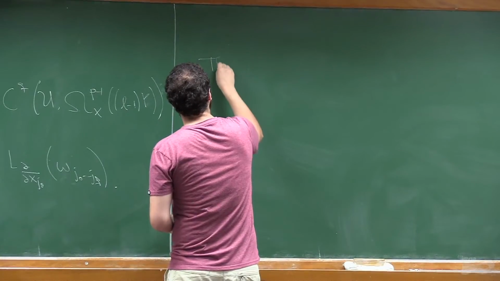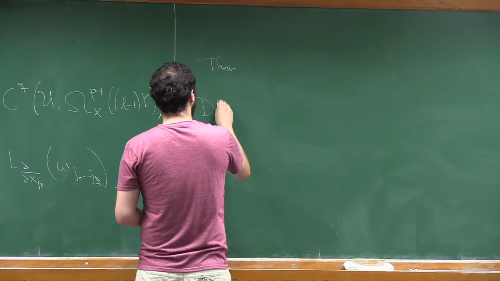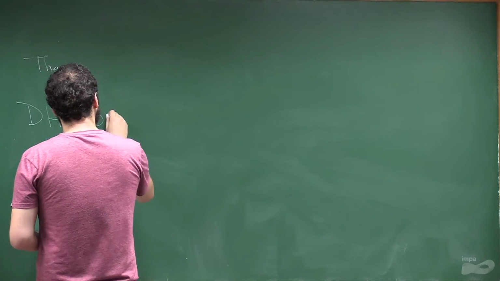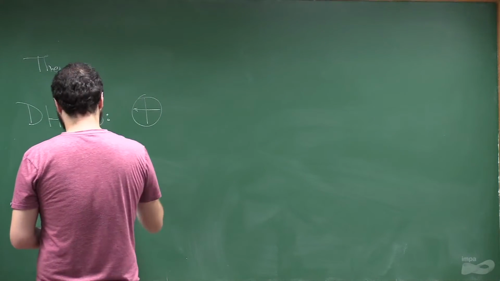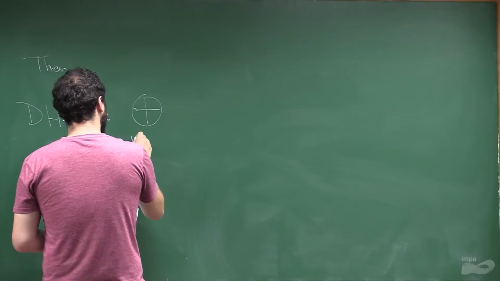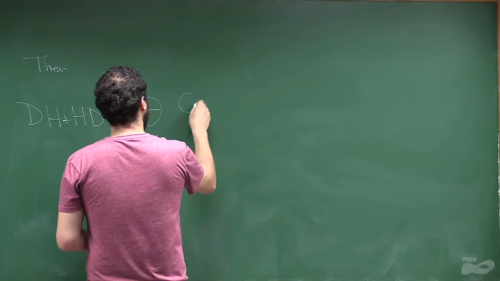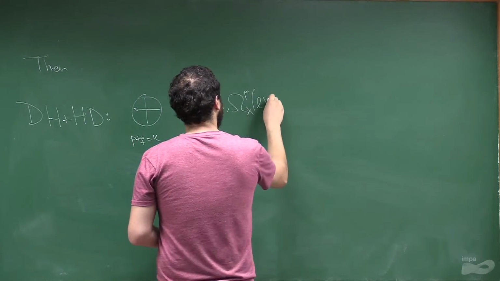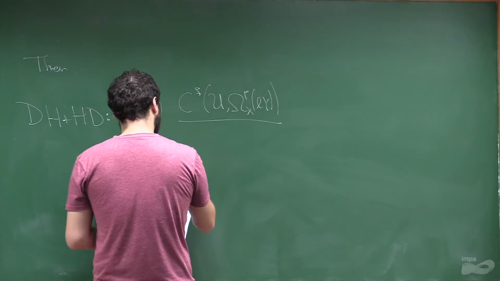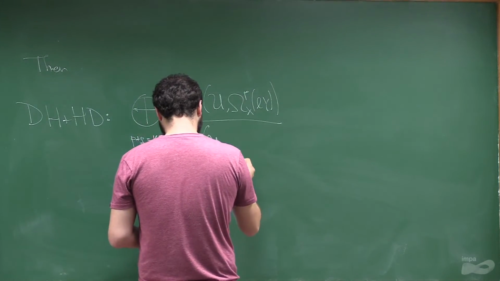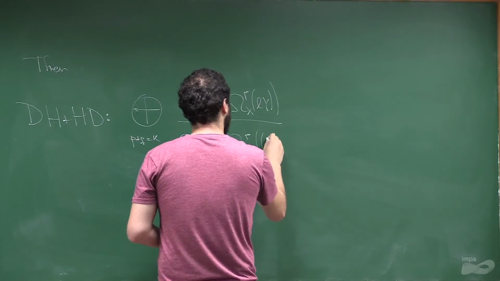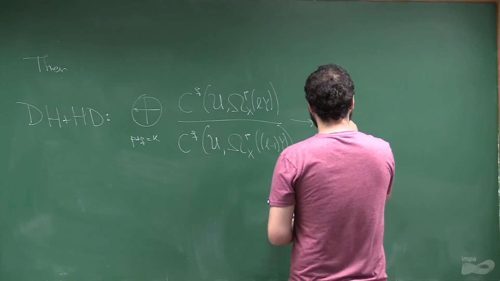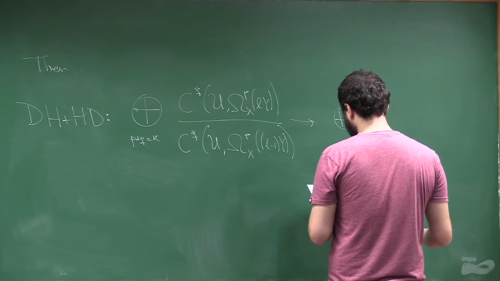Then dh plus hd goes from this complex, where the total degree p plus q equals k, of C^q(U, Omega^p_X(LY)) over C^q(U, Omega^p_X((L minus 1)Y)), to this sum.